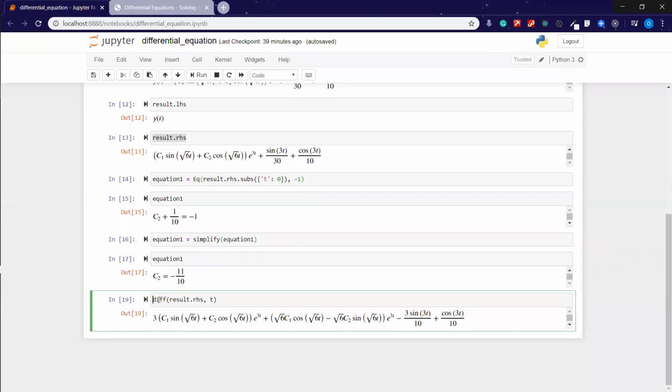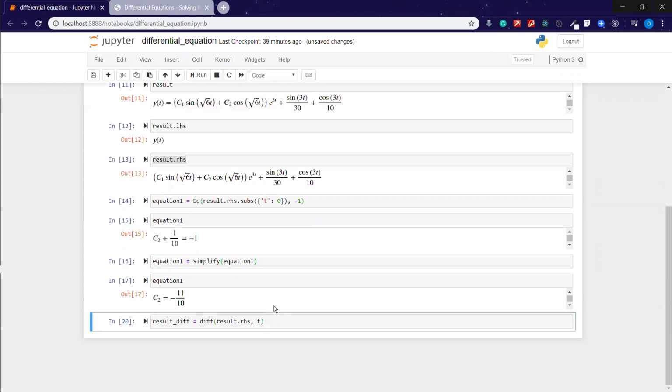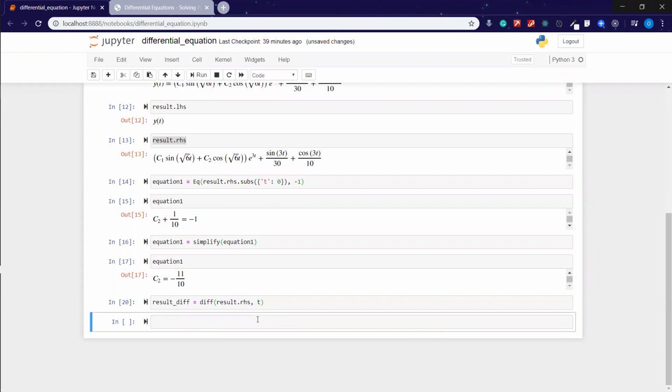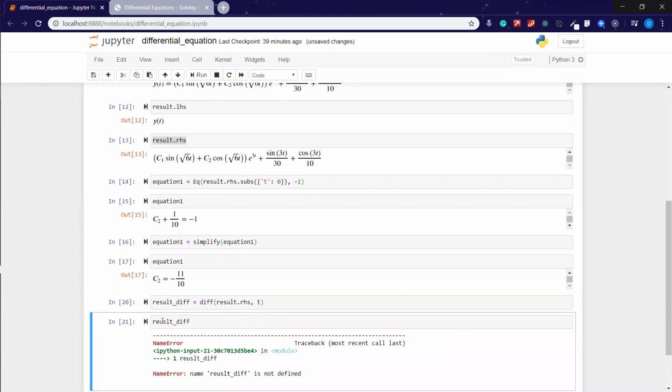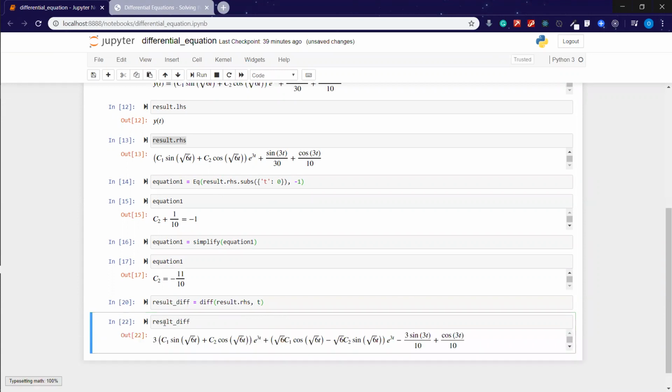So we could save that in a variable called results diff. If I run this, it's nothing, but we still get to see results diff. All right.